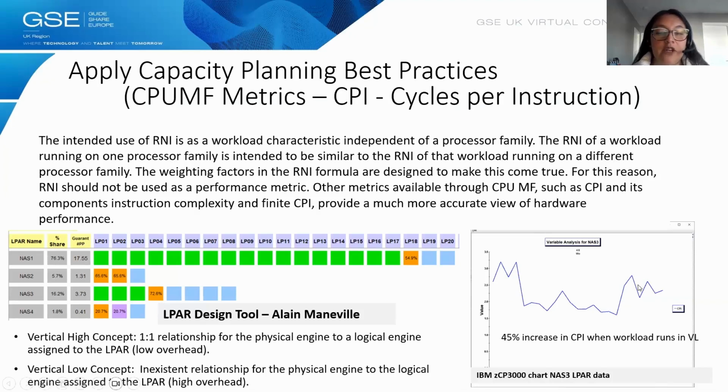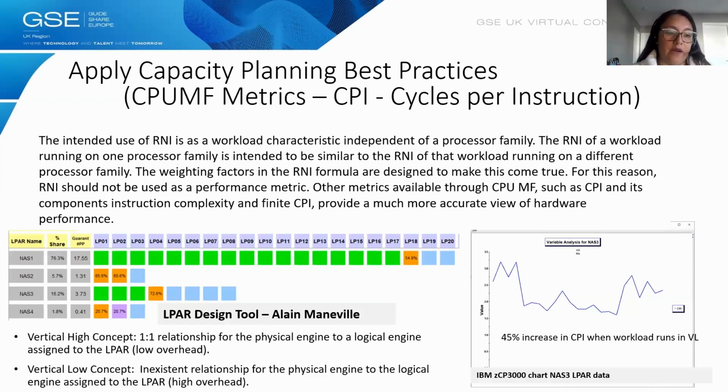During these jumps in CPI, the usage of the vertical lows was intensive. Take into consideration that a vertical high processor has a one-to-one relationship from physical to logical. That means that whenever the LPAR is processing data, the probability of finding the data in L1 and L2 cache is higher, because you have the same work being dispatched on a logical CP that is on the same physical CP.